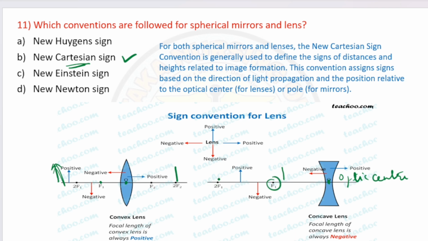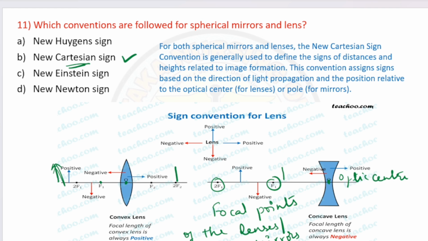And these F1 and 2F1 are called the focal points of the corresponding lenses or mirrors. So the position, distance or heights of the image formed by the object using lenses or mirrors are defined by using the new Cartesian sign convention.